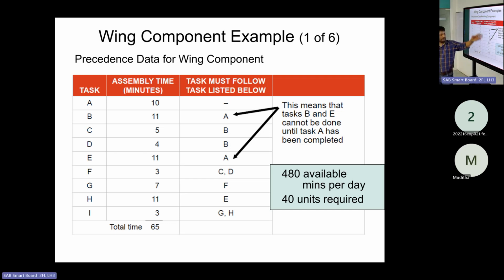What are these? We call them precedence requirements, or prerequisites, which means before starting each task, which tasks should have been completed.